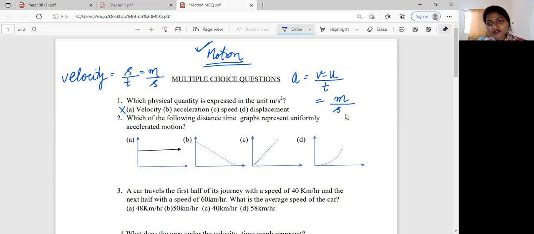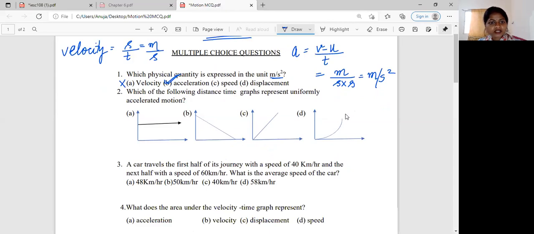Then for time taken, the unit will be second. So it becomes meter per second square. This is the unit which is given in the question. So acceleration becomes the correct answer. Fine. Let's move on to the next question.